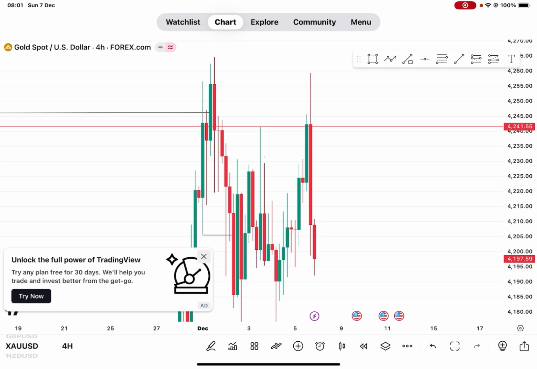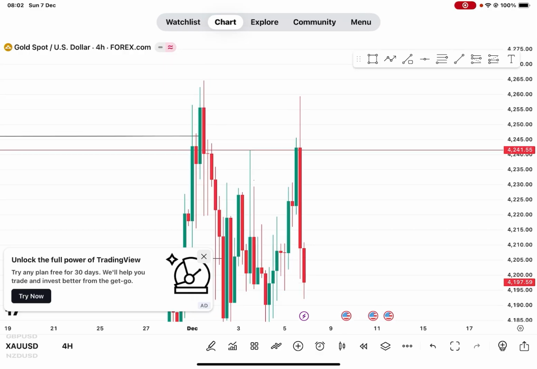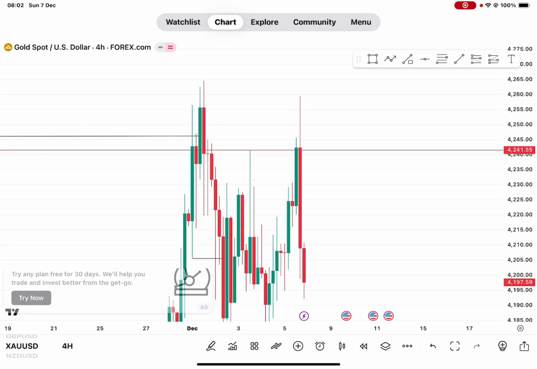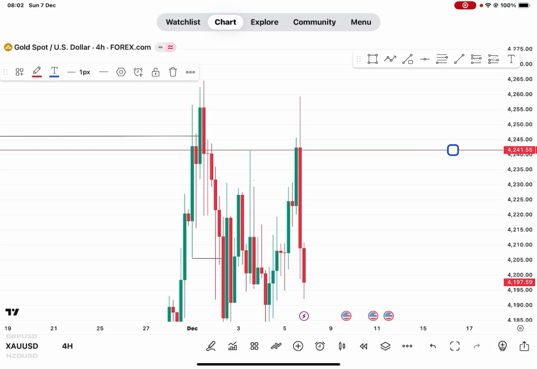When price continues to hit a resistance level, testing it 2, 3, 4 times, the more the market hits a resistance level, the weaker that resistance or support level becomes. And when it becomes weak, it is eventually going to break. So you can see right here that gold has broken above that zone with the body.